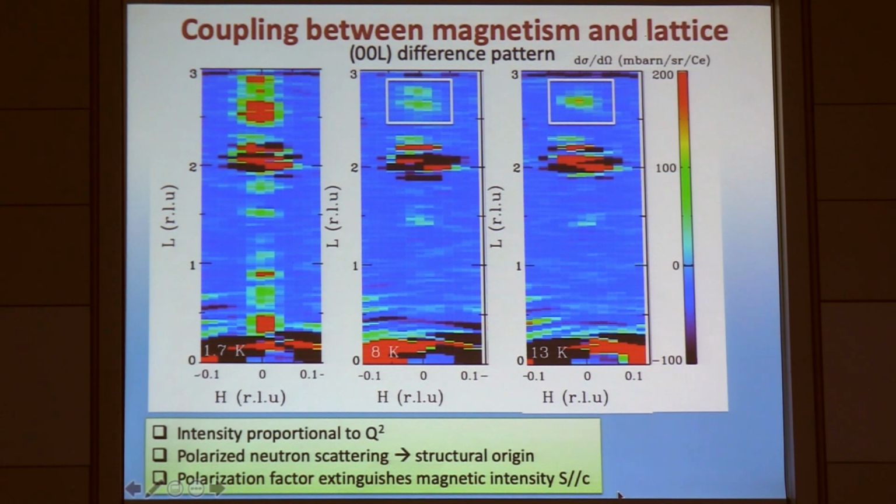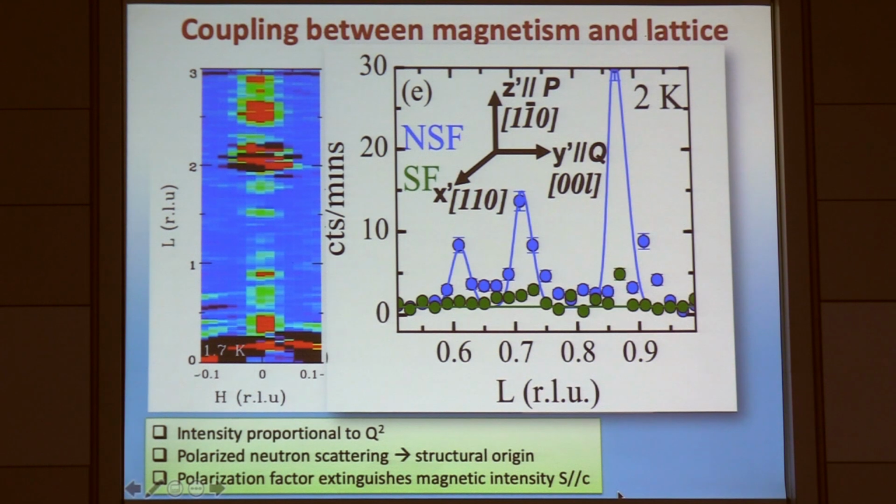In magnetic neutron scattering, we probe magnetism which is perpendicular to wave vector transfer. But here I'm looking along the 00L direction, so I have no component of wave vector transfer in the basal plane. So I'm only able to see magnetism which is spin polarized in the basal plane. And so for those two reasons, we don't expect this actually to be magnetic scattering at all. It seems to actually be lattice related.